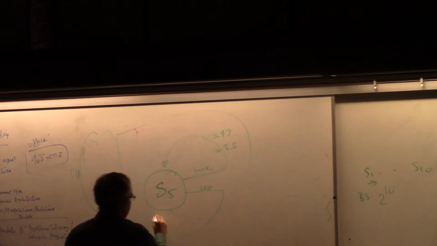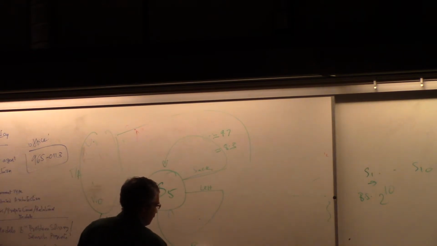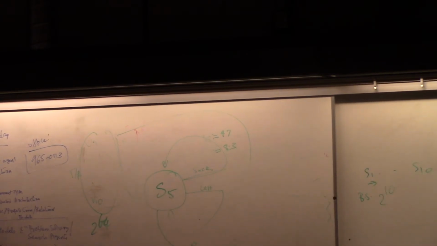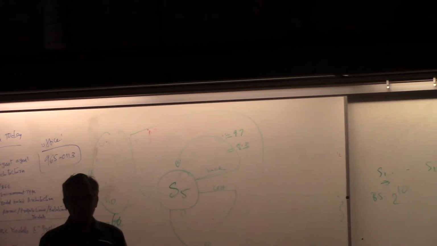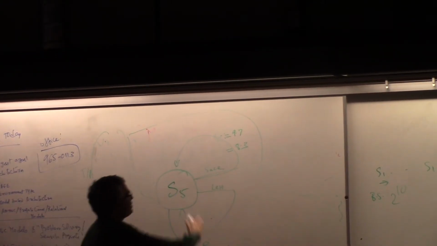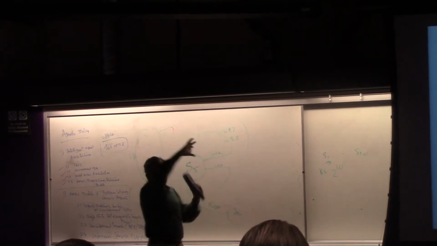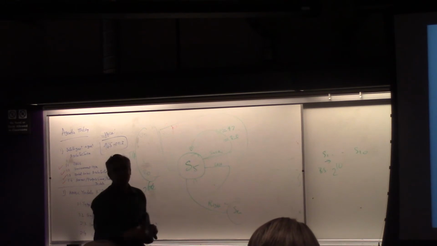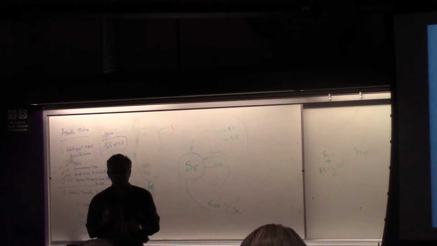If I go right, I will get to S6. So this is the structure of the connectivity of the state space, looking at it from S5.